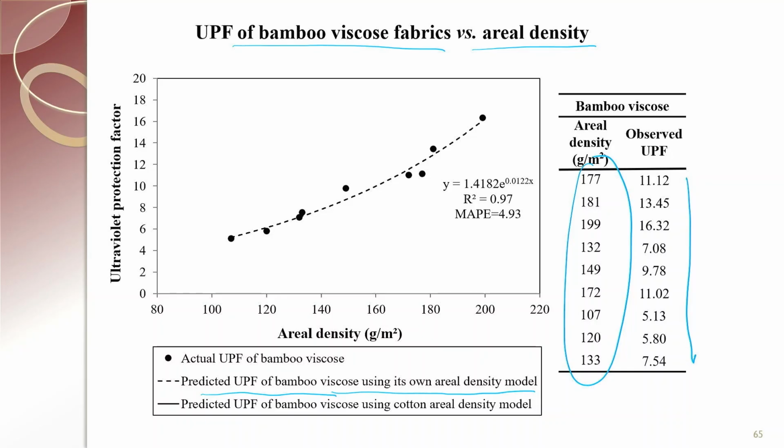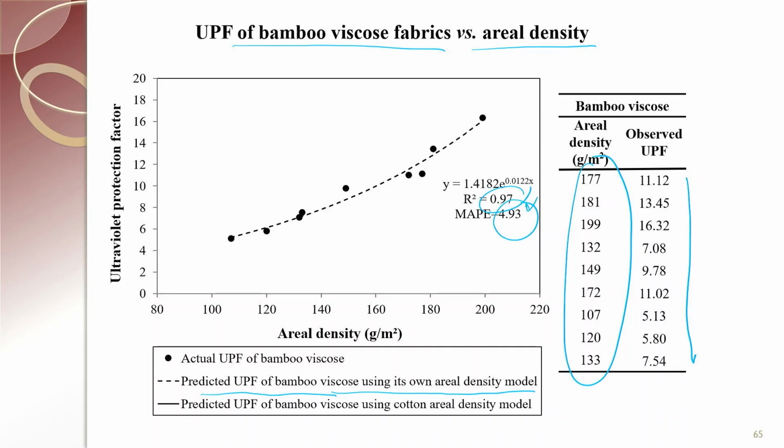Here you can see the error is least. If we predict through the areal density in case of bamboo, the mean percent error is 4.93, very low, and the R square value is 0.97.